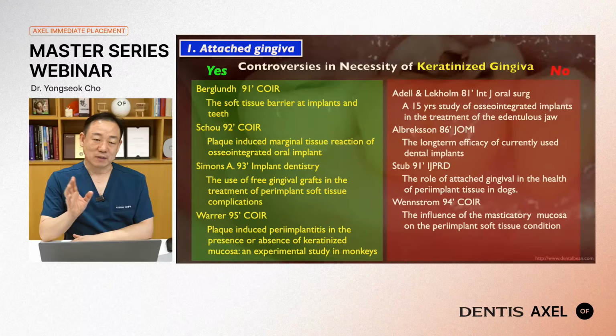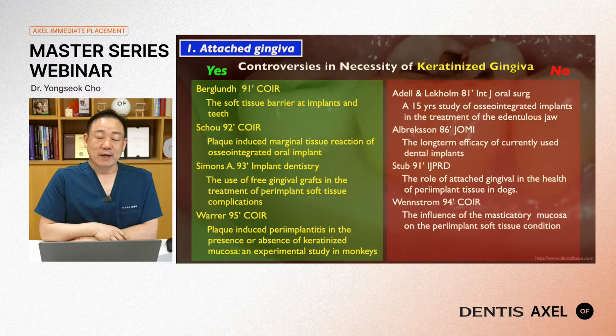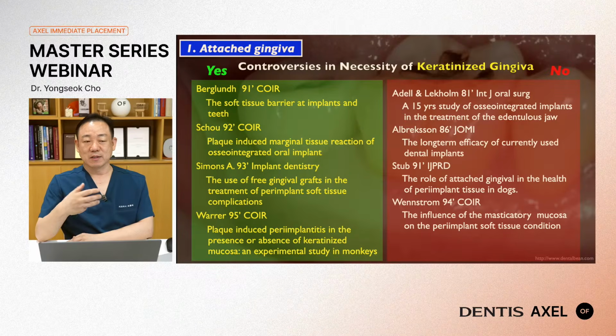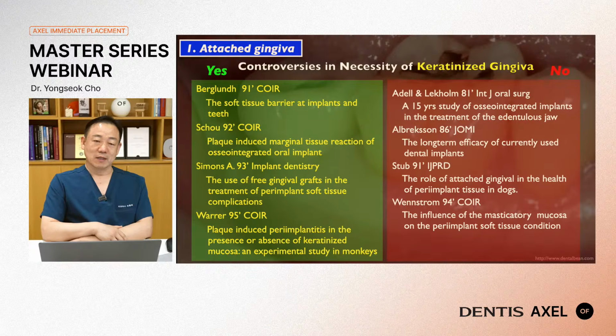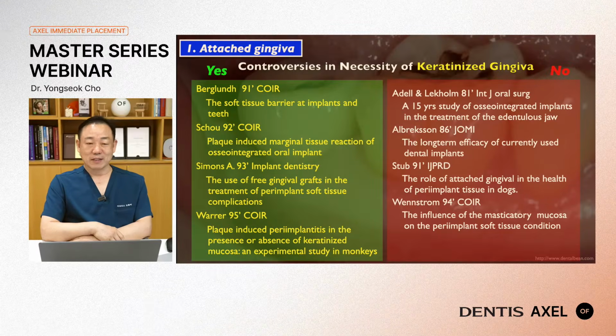However, another group says it is not so important for the long term of the implant. They say if the patient cares for oral hygiene well, there's no difference between enough keratinized tissue or lack of keratinized tissue in terms of implant survival or health. Which is correct? It is controversial. Sometimes some patients maintain a very healthy condition even without attached gingiva.